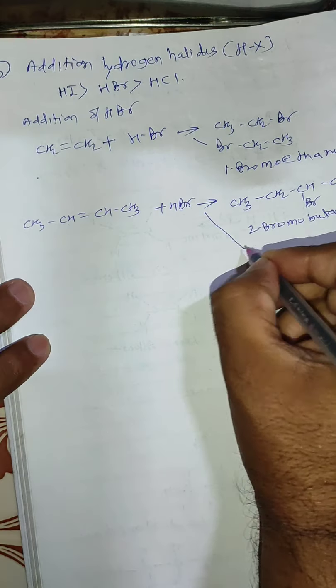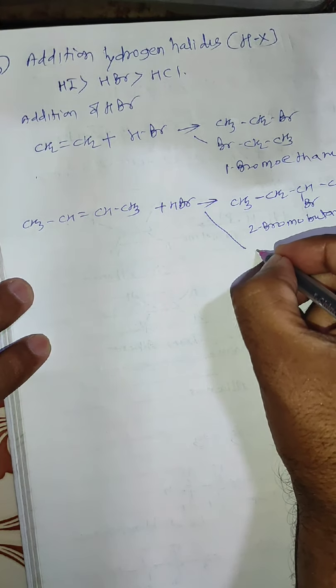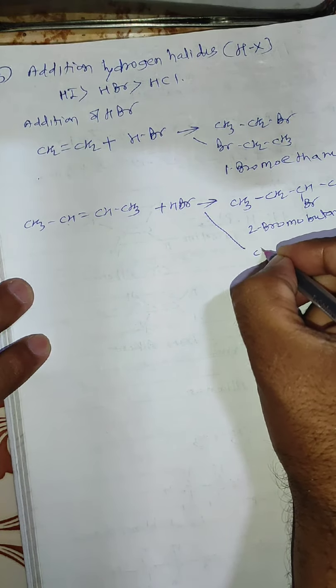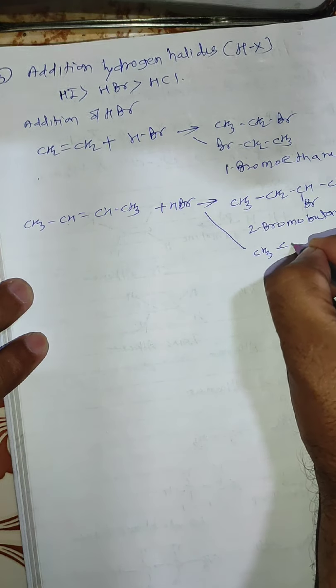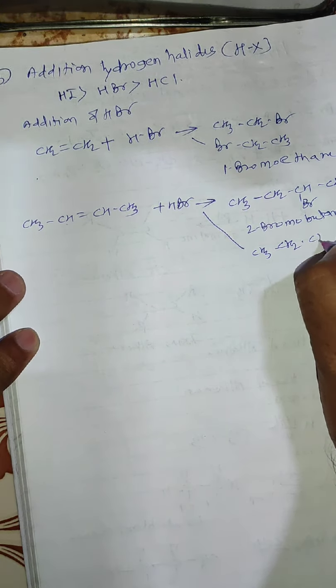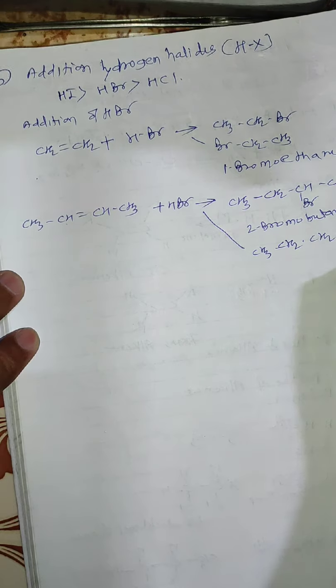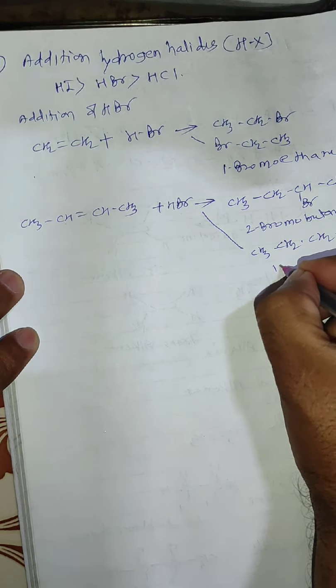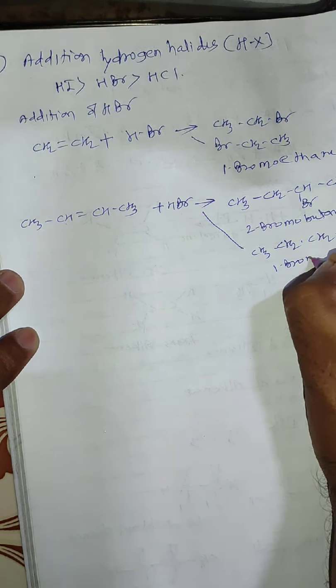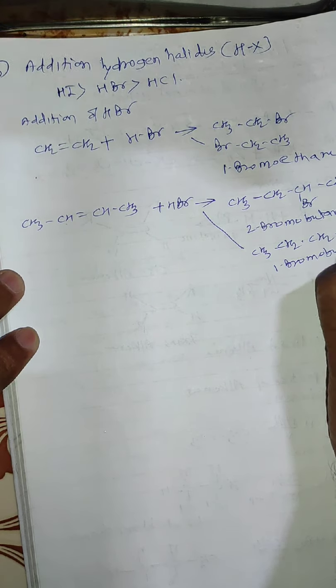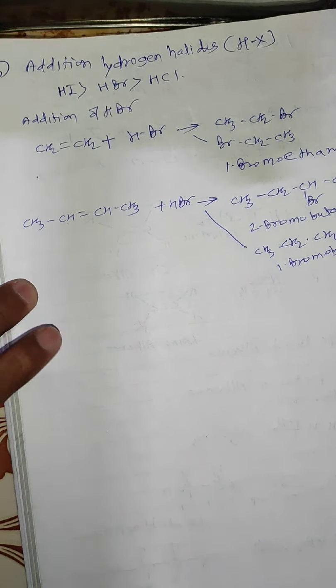Or another compound is also formed, like CH3CH2CH2CH2Br, that is 1-bromobutane.